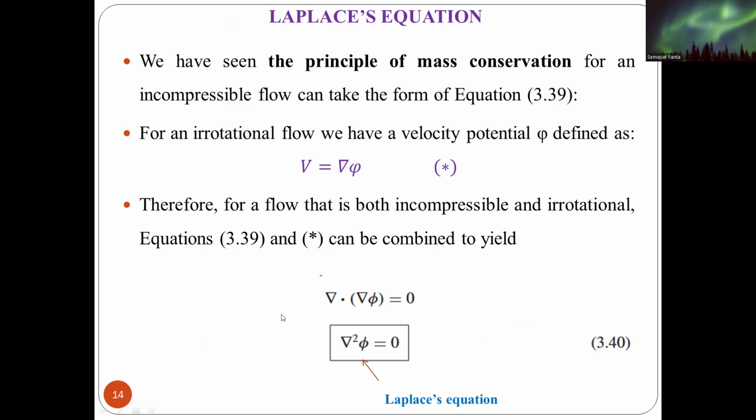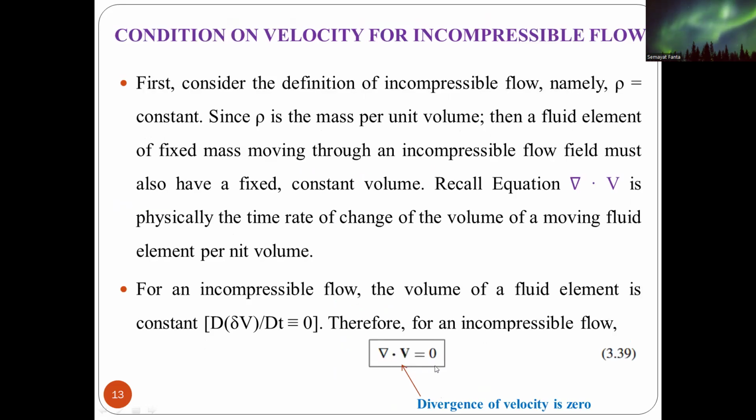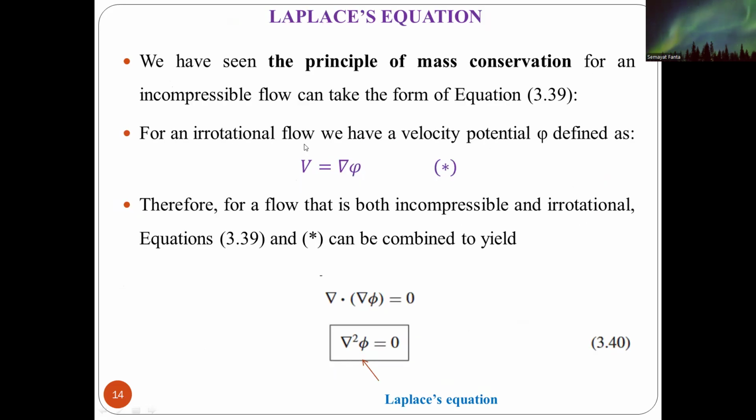Therefore, for a flow that is both incompressible and irrotational, this equation simplifies to the Laplace equation. This is the Laplace equation, which is directly obtained from equation 3.39, given here: the divergence of velocity is equal to zero. And then we have this equation for the irrotational flow. Combining these two, what we get is that the velocity potential satisfies the Laplace equation.